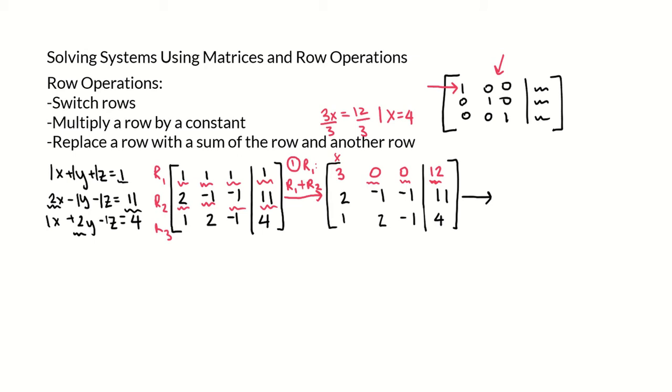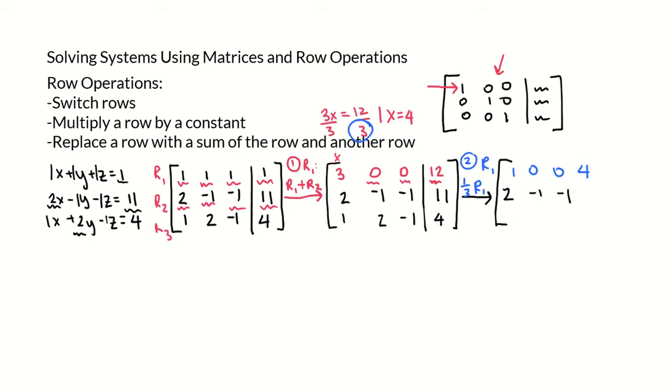In row operations, this would have been multiplying row 1 by 1/3, or dividing by 3, as we did in this equation. Okay, and that would give 1, 0, 0, 4. Sometimes you might want to stay in the matrix and work with rows.